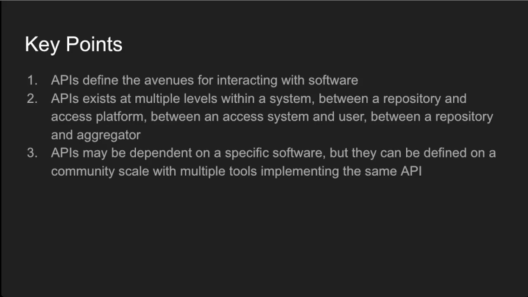So the key points for this are, number one, understanding what an API is. And that is that it is the language by which various systems interact with software. Those systems can include you as a programmer or a developer or a user of some kind manipulating various requests of a system in order to get the response that you want.